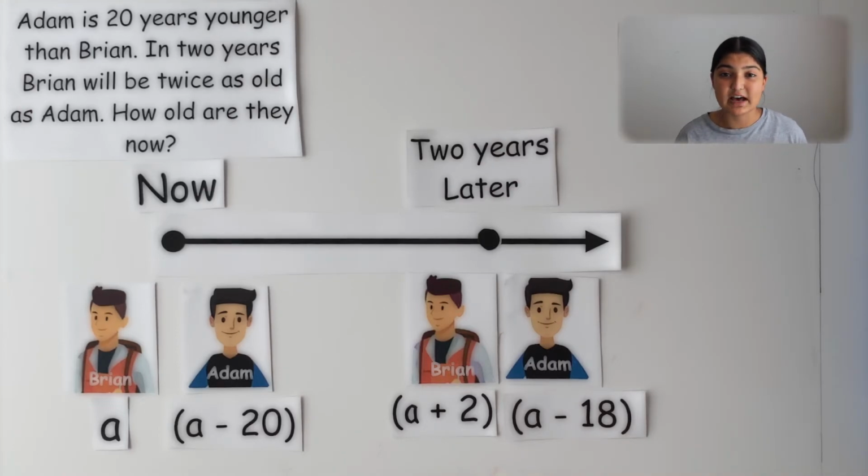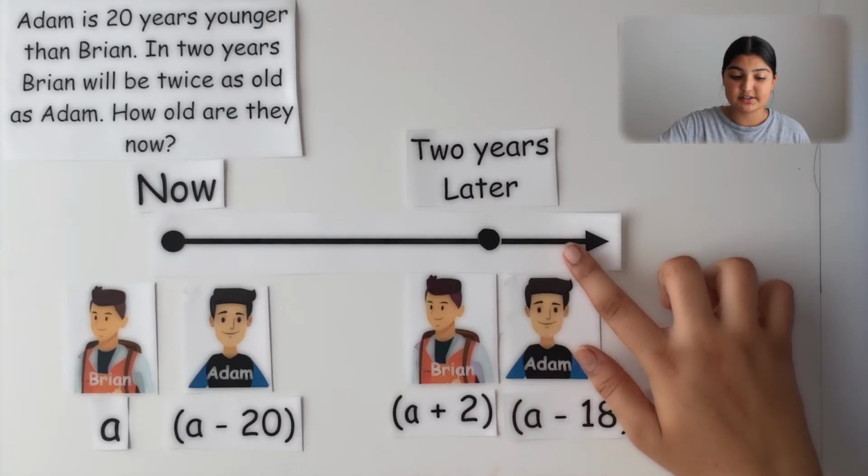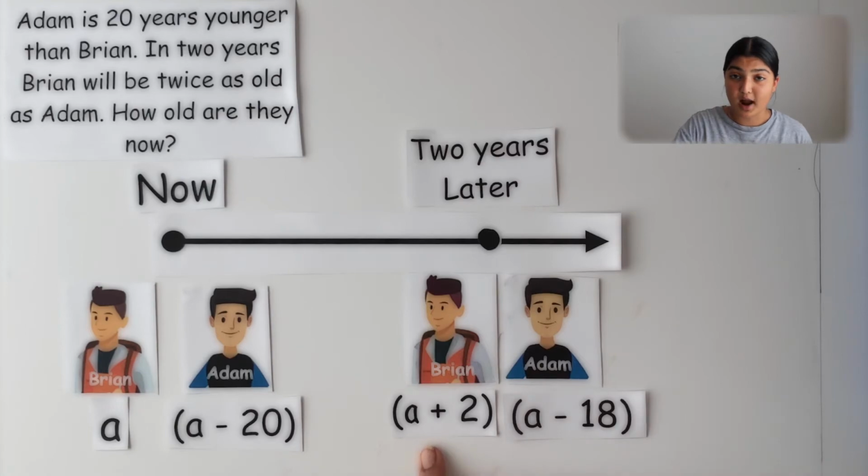Now the question tells us that in 2 years, Brian will be twice as old as Adam. So, in order to make an equation, we can multiply 2 times Adam's age so that it will be equal to Brian's age.